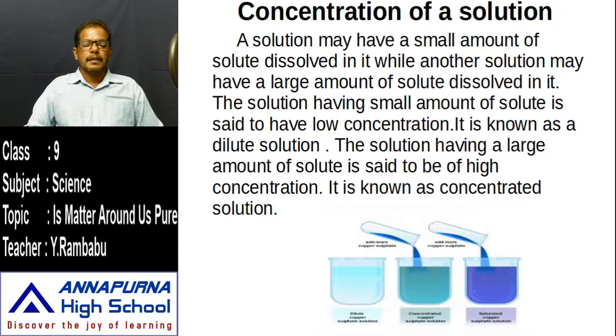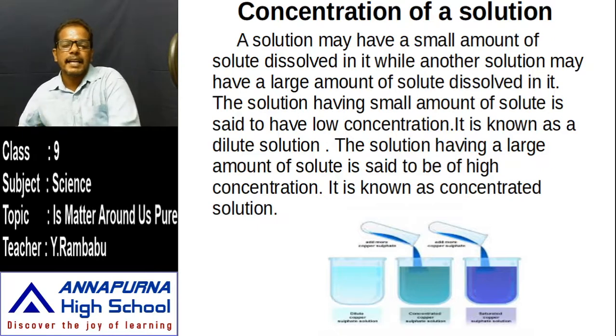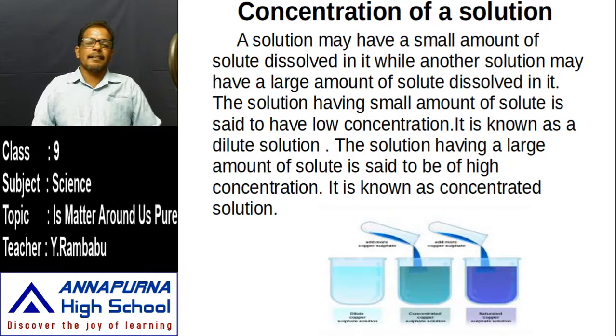If we take only the second and third beakers, the second beaker is dilute comparatively to the third, and the third beaker contains concentrated copper sulfate solution comparatively to the second. Like that, based on the amount of solute present, the concentration of a solution is expressed.